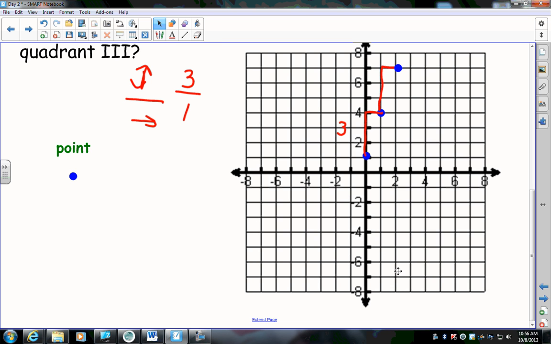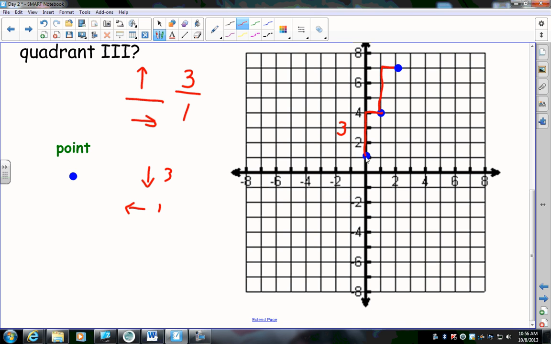Now I can also go backwards, because I'm going to have to go backwards to be able to get into quadrant 3 right here. If I do that, I need to go down. Right now, we're going up 3 and to the right 1. To go backwards, we're going to have to go down 3 and to the left 1.